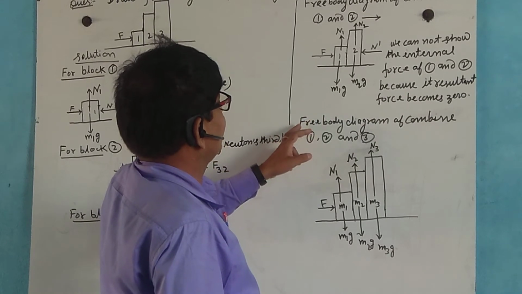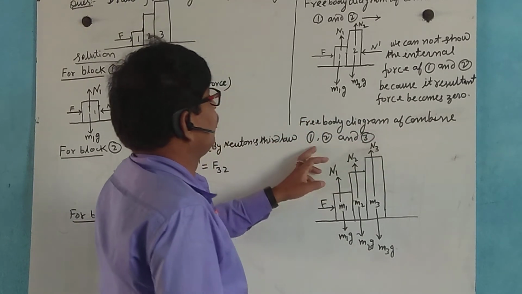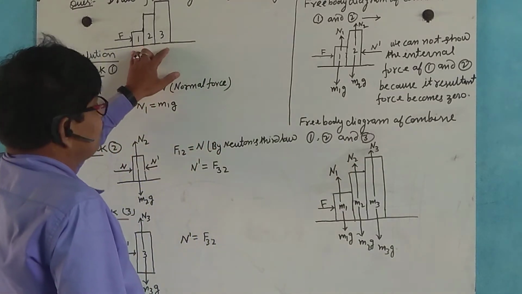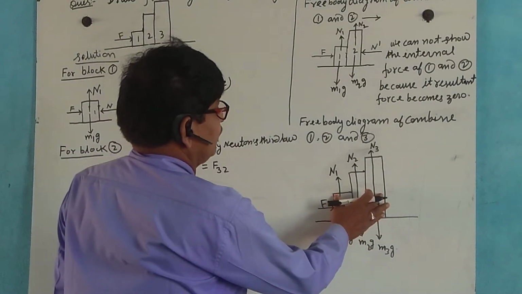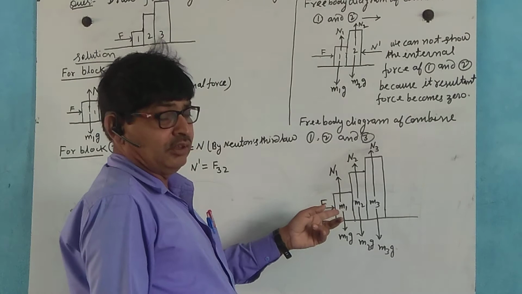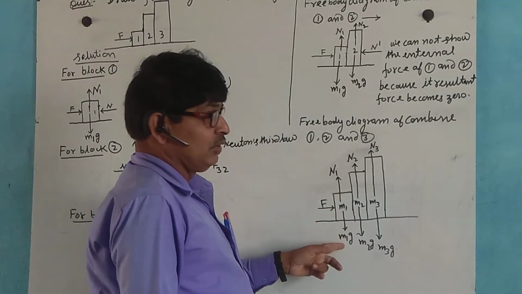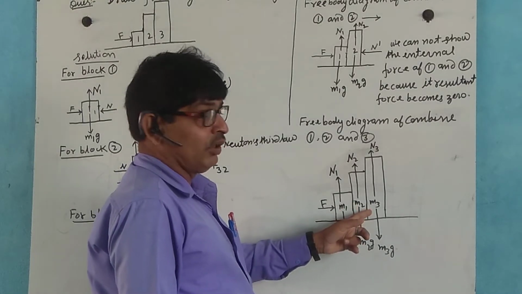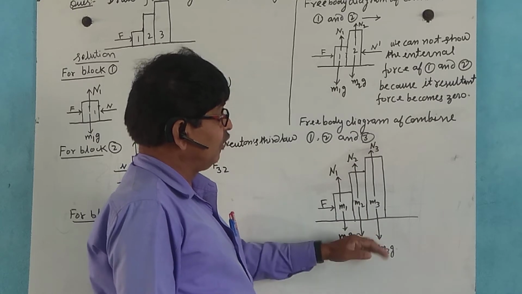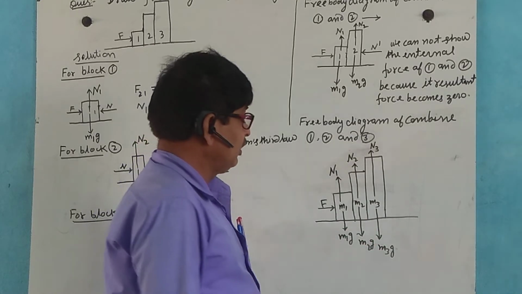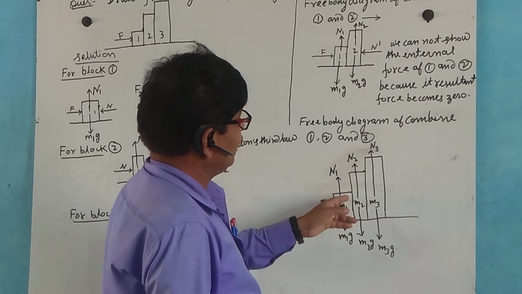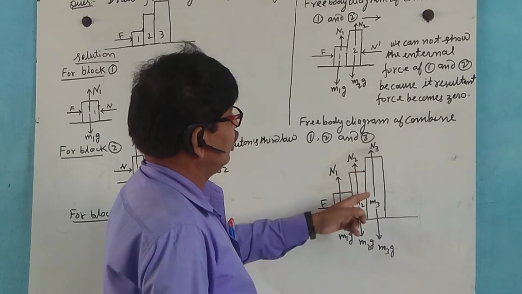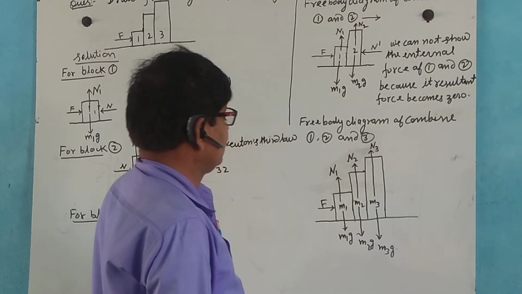Now we take the free body diagram of the combined 1, 2, 3. It means that we take these three blocks in combined form. Here the first block has mass m1 with m1g, the second block m2g, and the third block m3g in the downward direction, and the resultant force of the first block N1 in the upward direction, the second block N2, and the third block N3 in the upward direction.